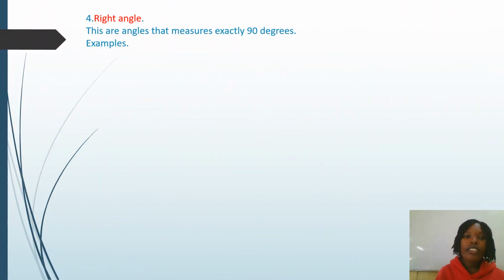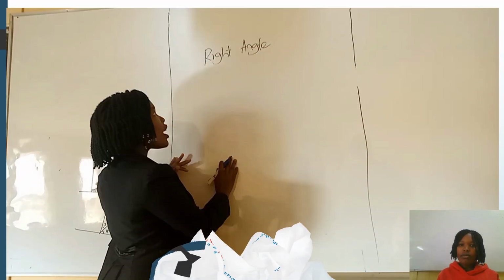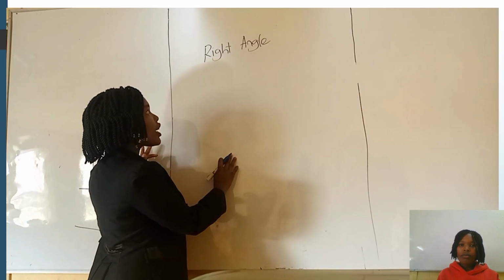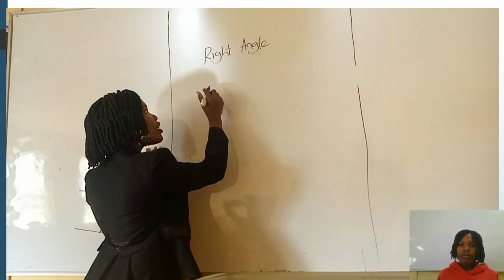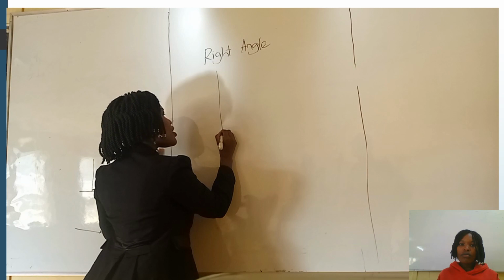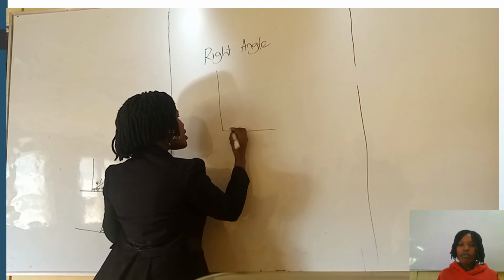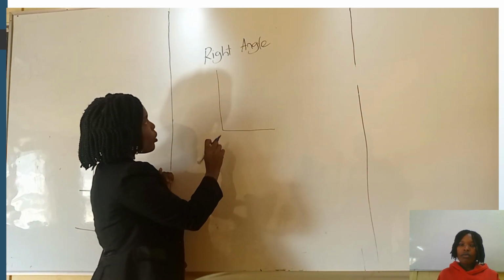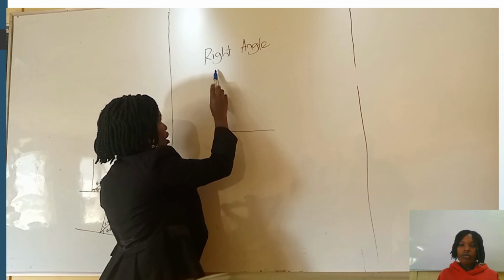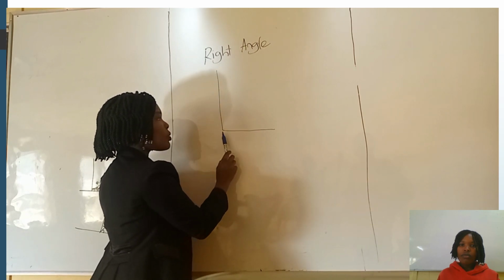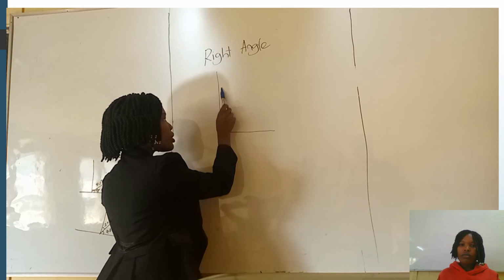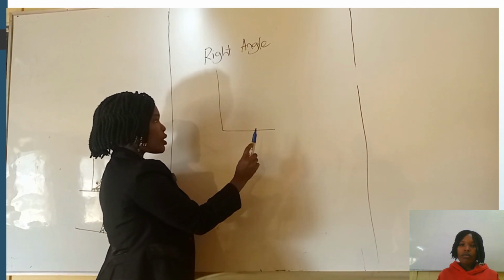Right angle. This is an angle which measures exactly 90 degrees. An example. As we said earlier, a right angle is an angle which adds up to 90 degrees, and it comes from the intersection between two lines, for example this line and this line, which are perpendicular.